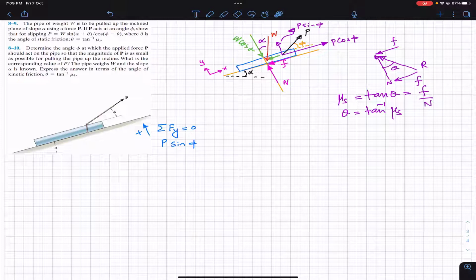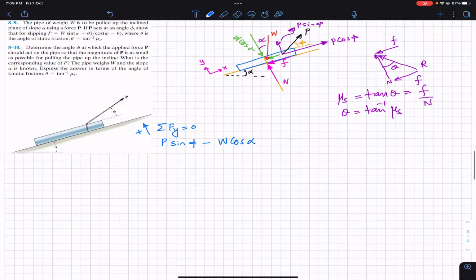Then we have the weight component acting downward, in the negative y direction, so minus W cos of alpha. And similarly, we have this N acting in the positive y direction, so plus N. And this is equal to 0.